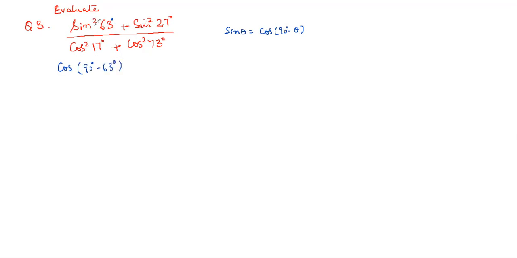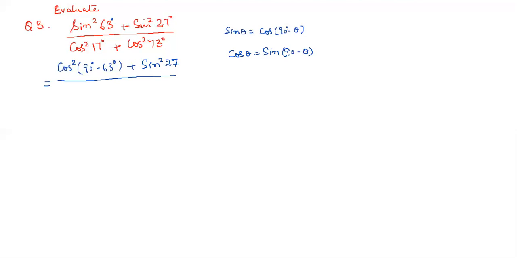And since it has a square, we have to put the square here also. Among the two trigonometric ratios, we will be changing this one only. Similarly, in the denominator, we will change one only because these are the complementary angles attached to it. So cos theta, the identity for that is cos theta is equal to sine of 90 minus theta.